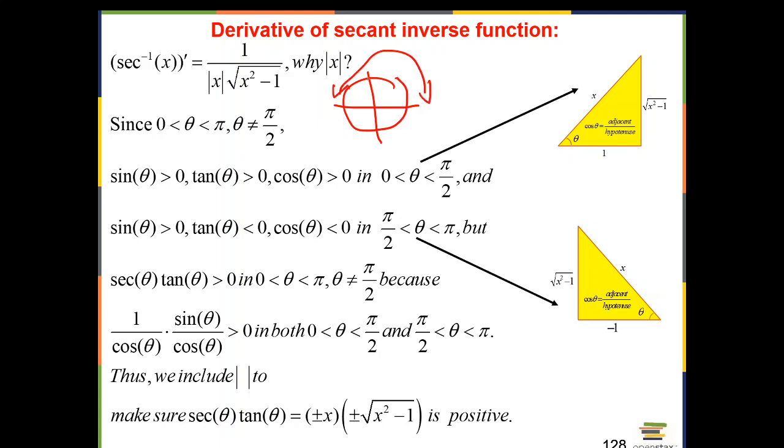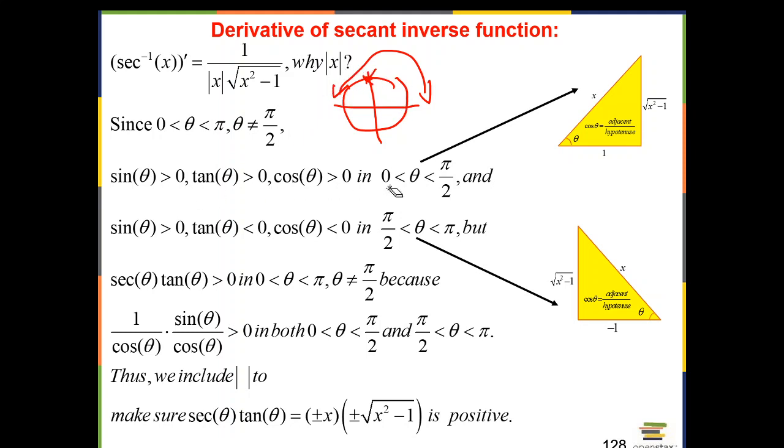Except pi over 2 is not included, right? Because pi over 2 makes the cosine 0, and you can't have 1 over 0. So the domain is going to be from 0 to pi over 2 and from pi over 2 to pi.